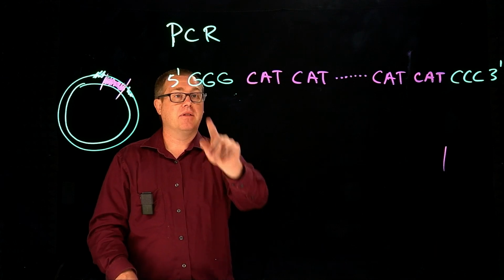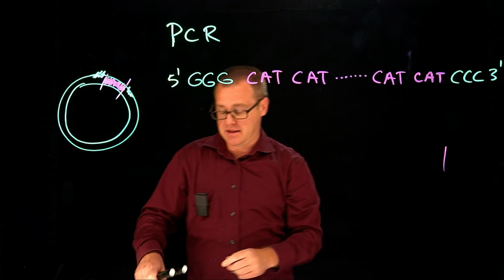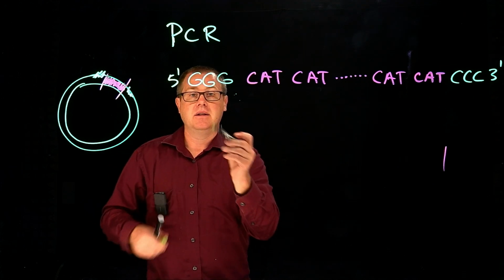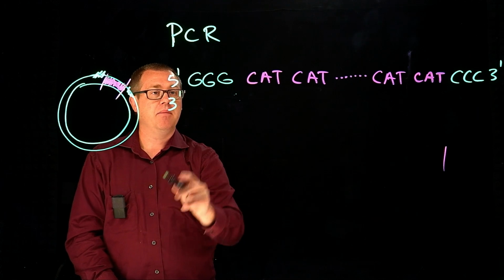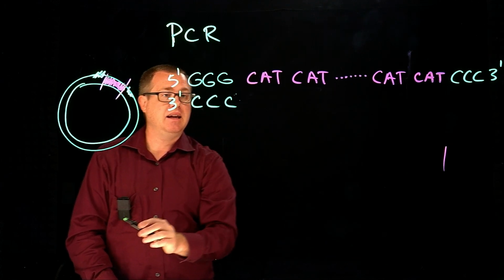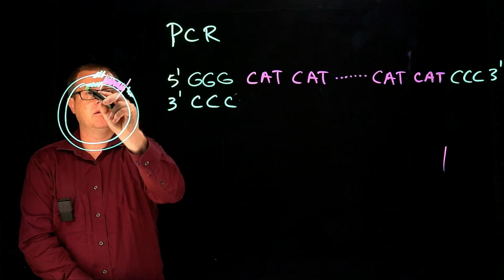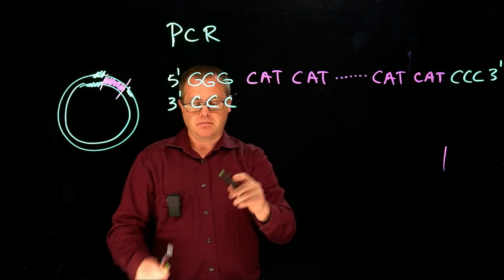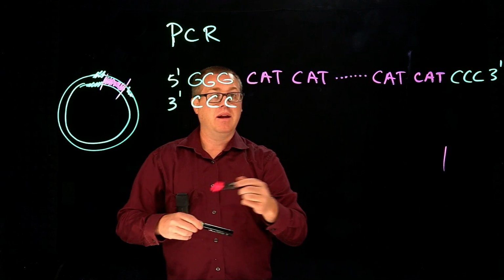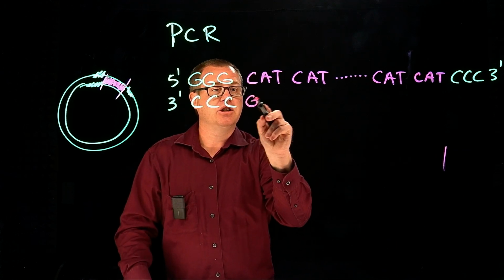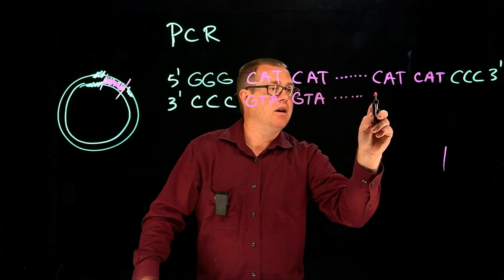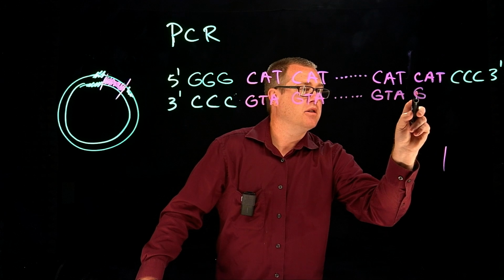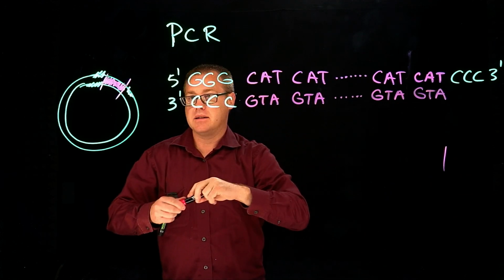Now we have the complementary strand right here, that's anti-parallel, that we need to write. So there's the 3' end. So CCC, that would be right here. And then we have GTA, dot dot GTA, like that.